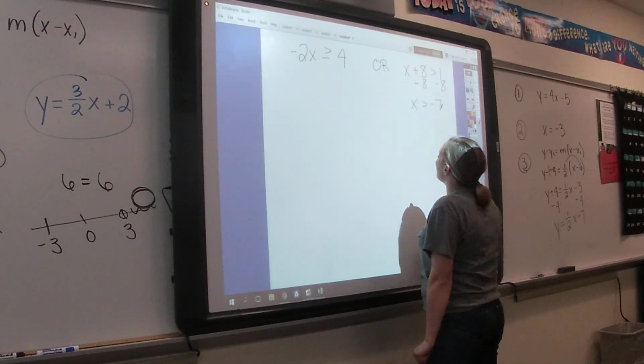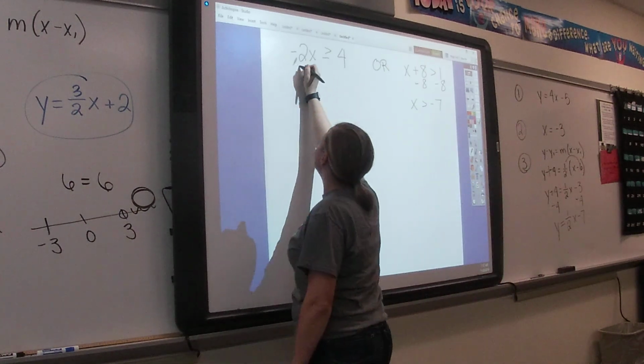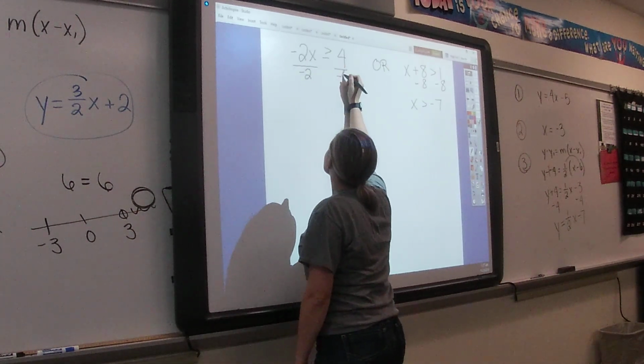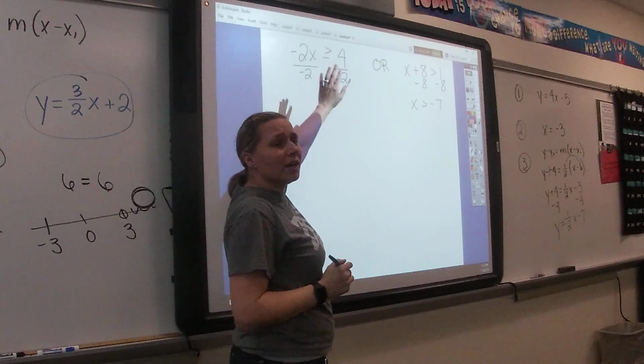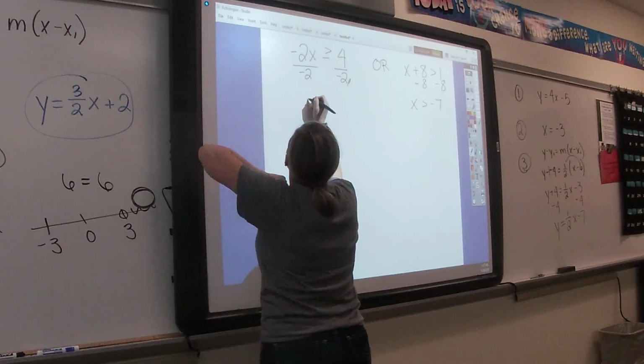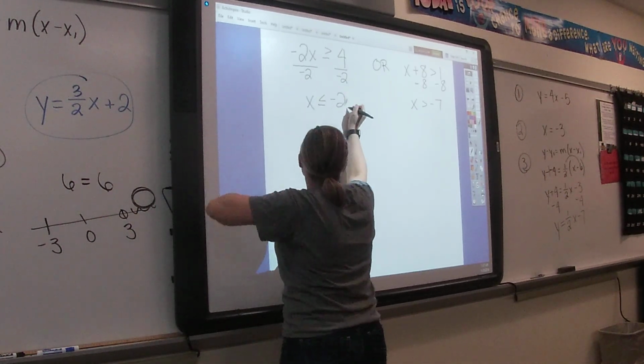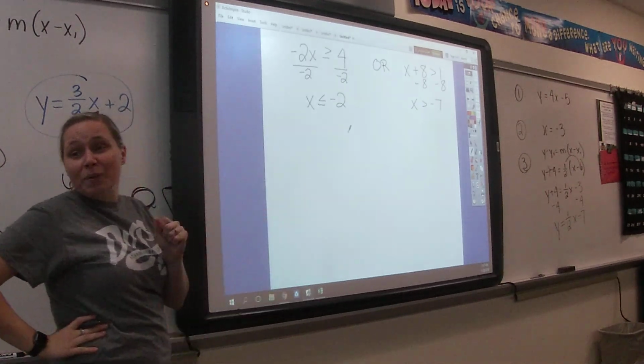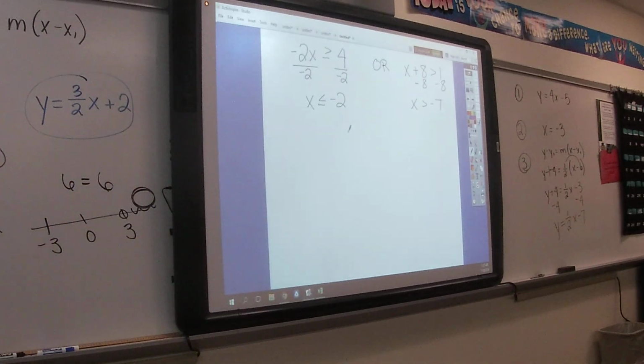So over here I'm going to get x is greater than -7. What am I going to get over here? X is less than or equal to -2. X is less than or equal to -2 because, I mean, it's a compound inequality, but my rules don't change. I divided by a negative, so I've got to flip the inequality sign.